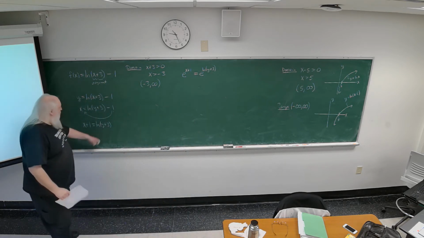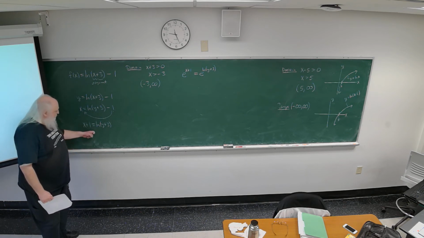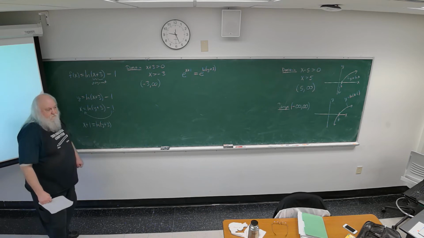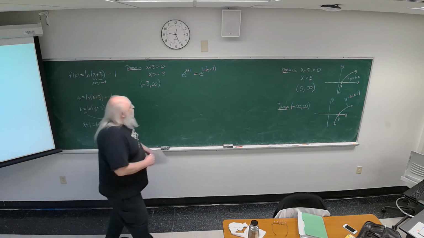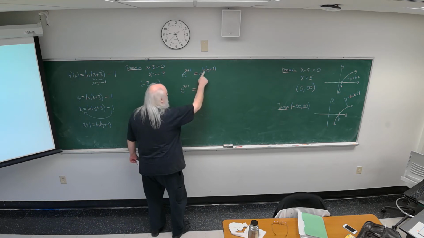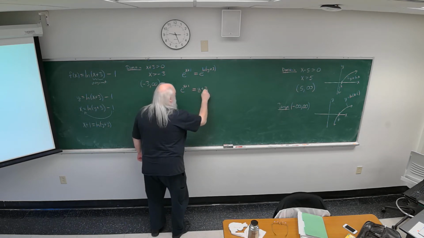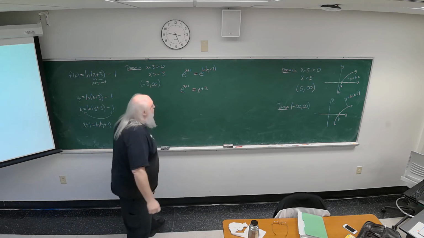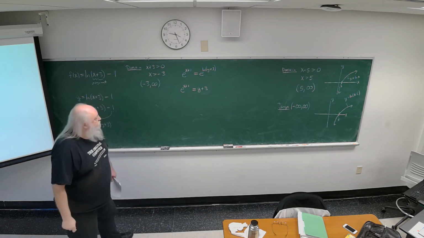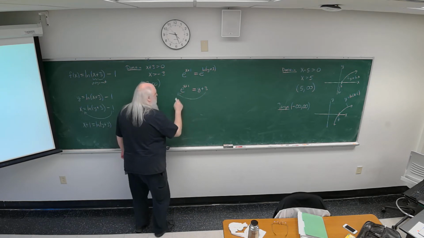Left-hand side equals right-hand side, so I can have e to the left-hand side equal to e to the right-hand side. Well, the natural exponential function and the natural log function are inverse functions of each other. They cancel, and we're just left with y plus 3 on the right-hand side. And now I subtract 3 from both sides.